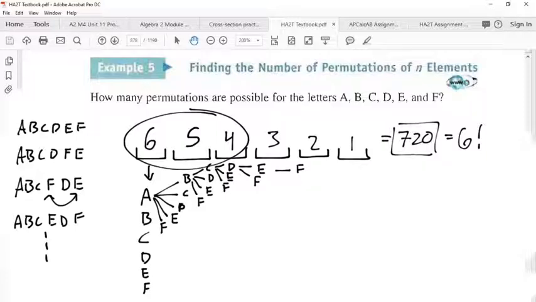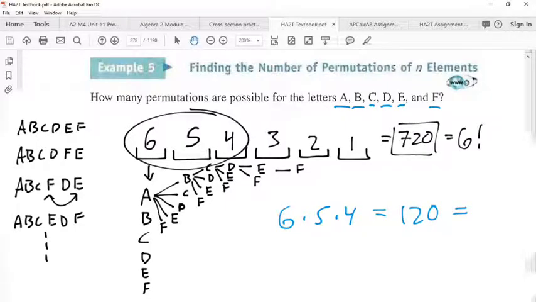Can you guys think about that for a second? If we had 6 runners, and we only chose 3 places out of those 6, how many different combinations would there be? It'd be 6 times 5 times 4, because there would be 6 for the first one, 5, then 4. And how many total would that be? It'd only be 120.